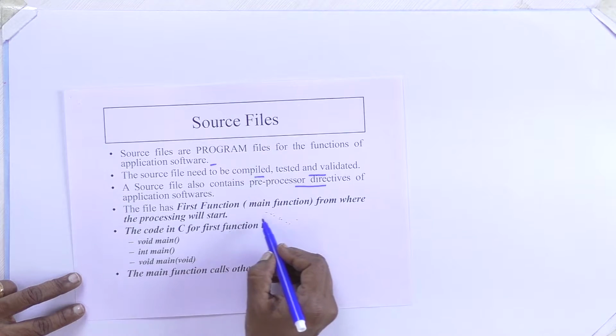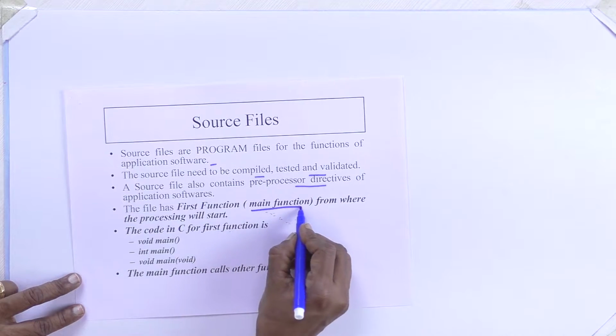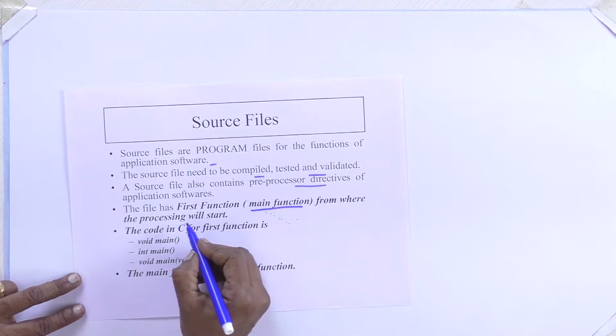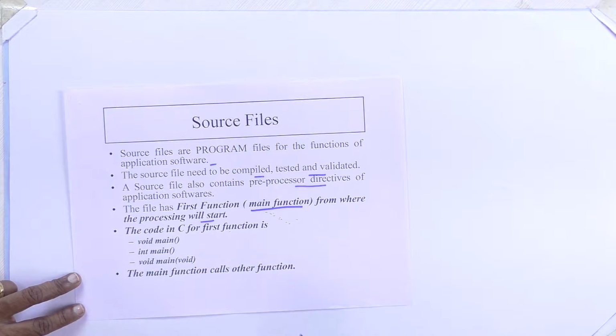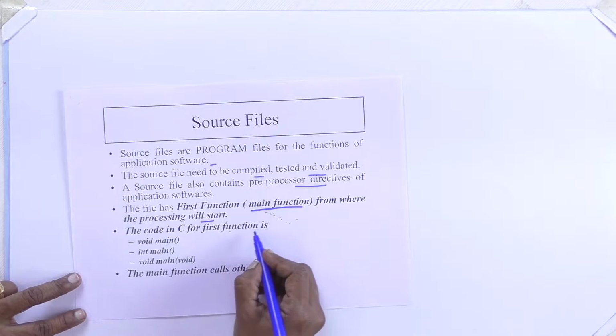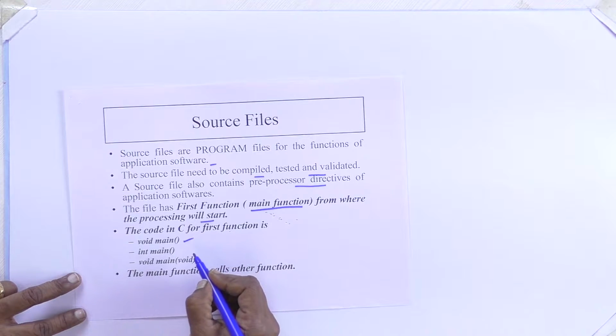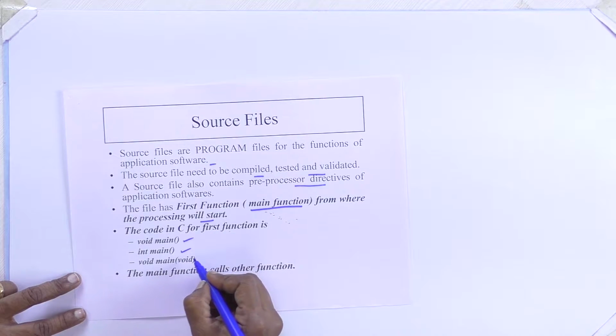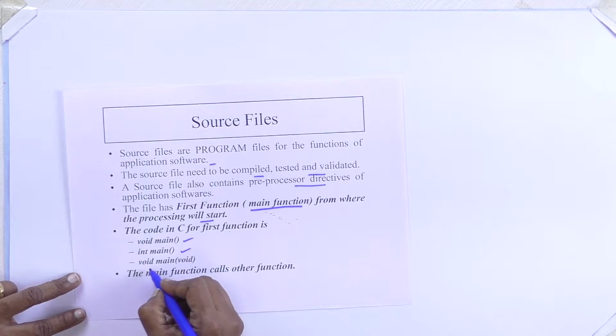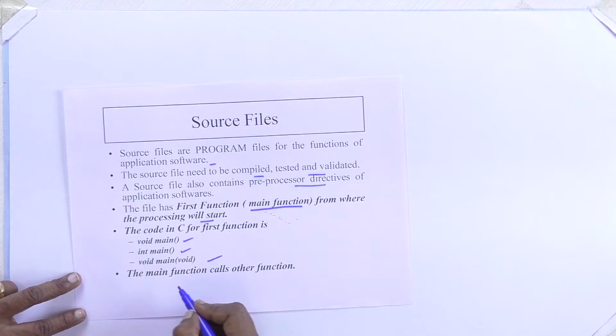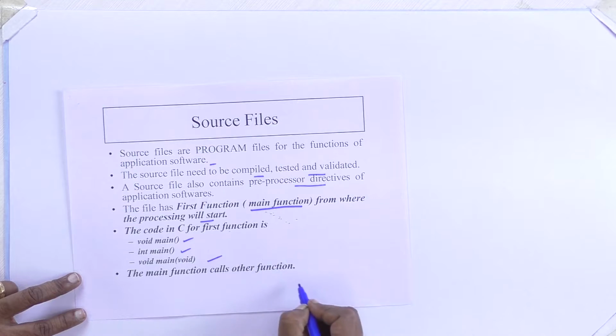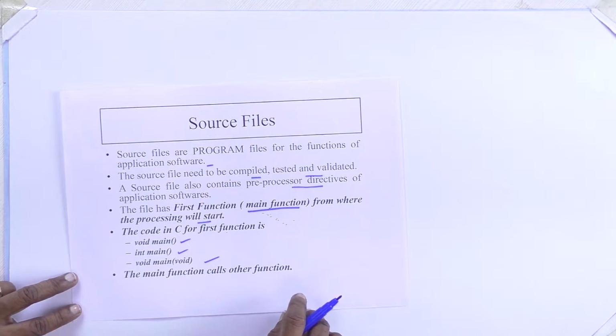The file has a first function which is called the main function, from where the processing will start. The code in C for the first function is void main and then int main, and if you want to make an empty one, main void. The main function calls another function if it is included in the main function.